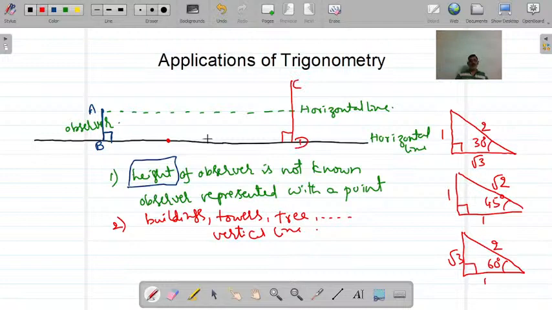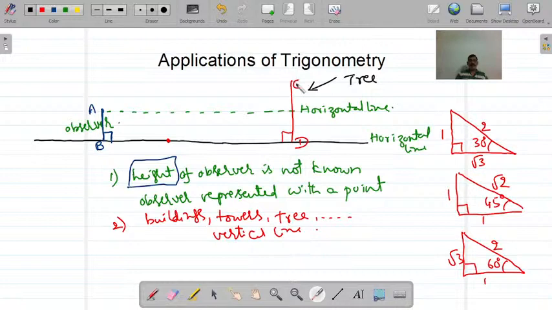Now in this we have to understand that suppose CD is a tree. Then at that time we can observe that this position of C is the top of the tree. If it is a tower, then this will become the top of the tower.